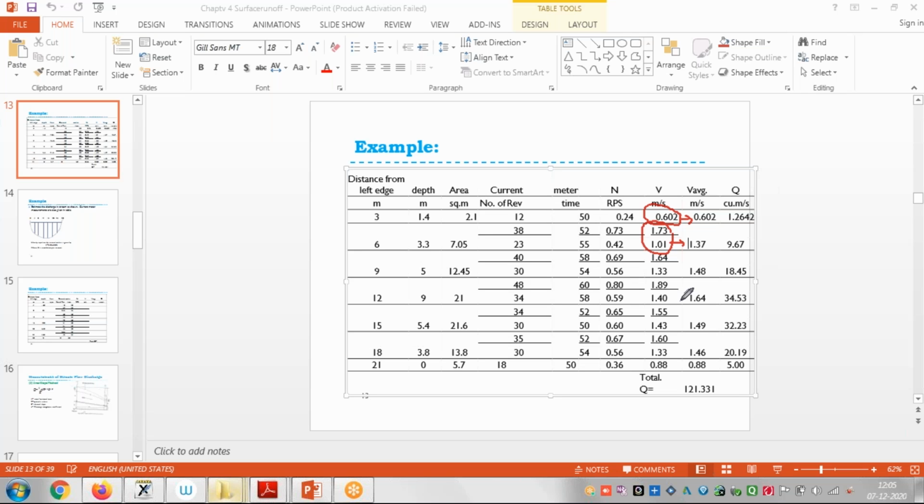Then again, 1.64 plus 1.33 divided by 2, you will get 1.48, right? If you take the average of these two velocities, you will get this average velocity. Similarly, you will get the rest. The same thing we will perform here.